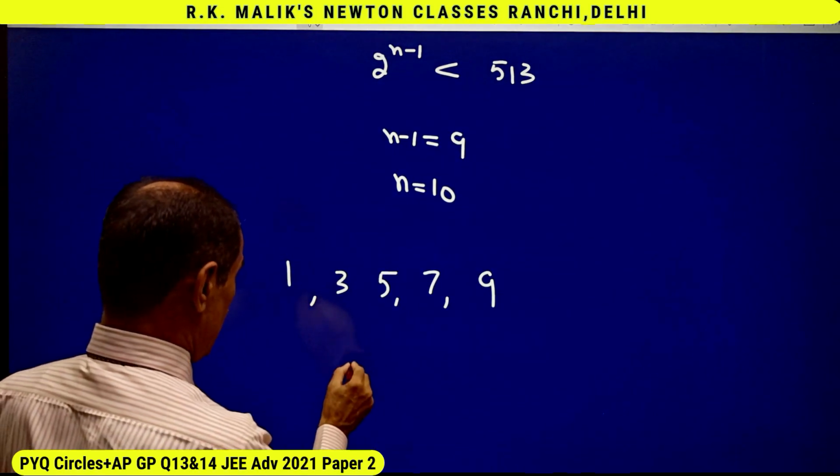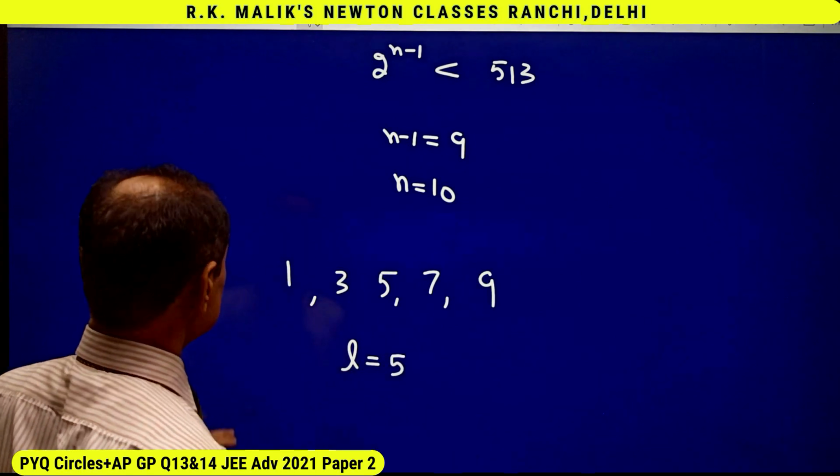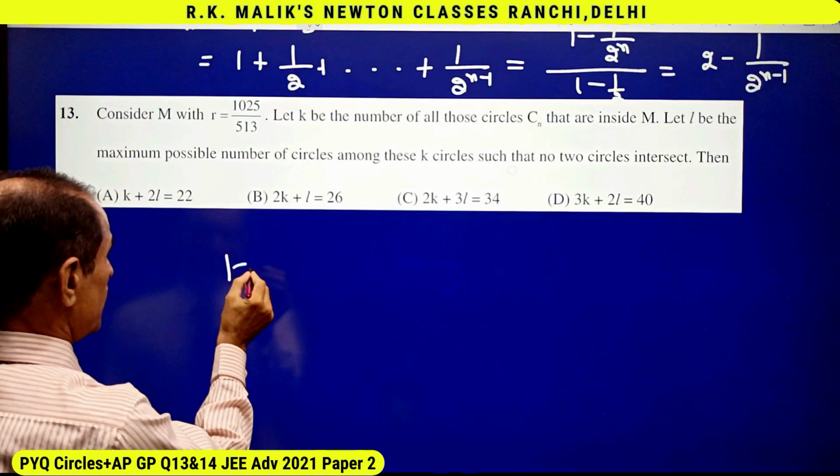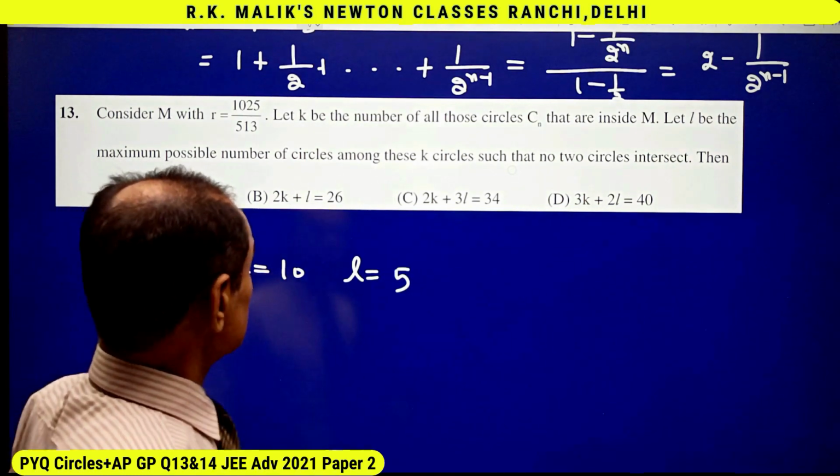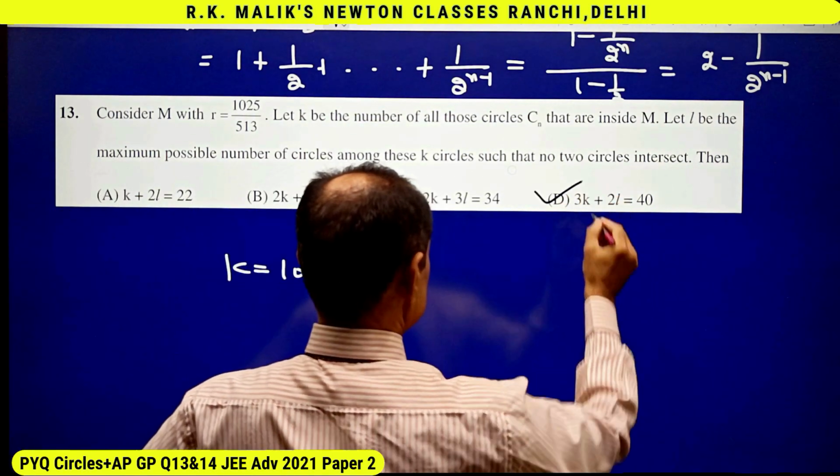Therefore, the value of L becomes 5. And once we have got the value of K as 10 and L as 5, it's clear that choice D is correct.